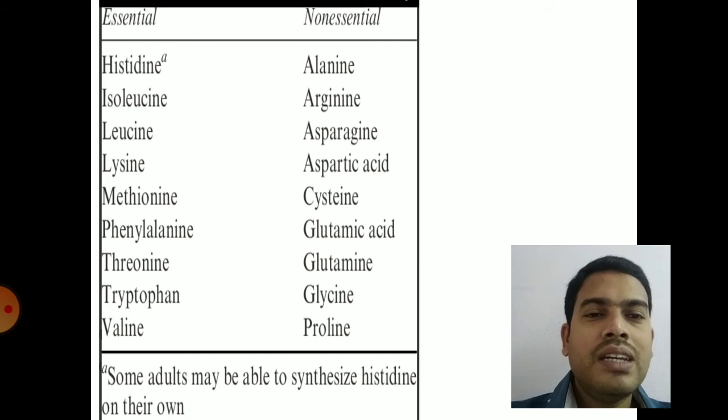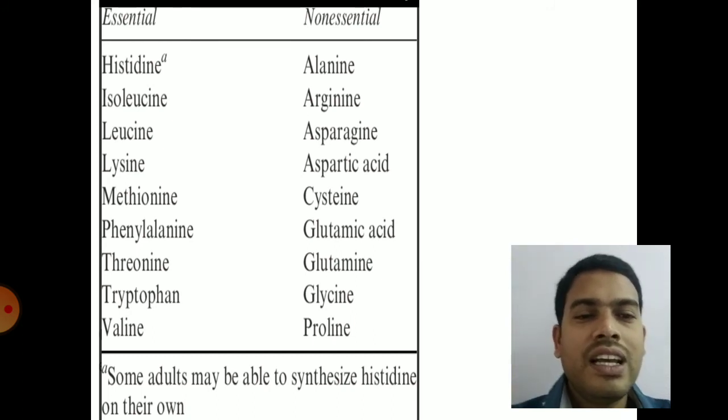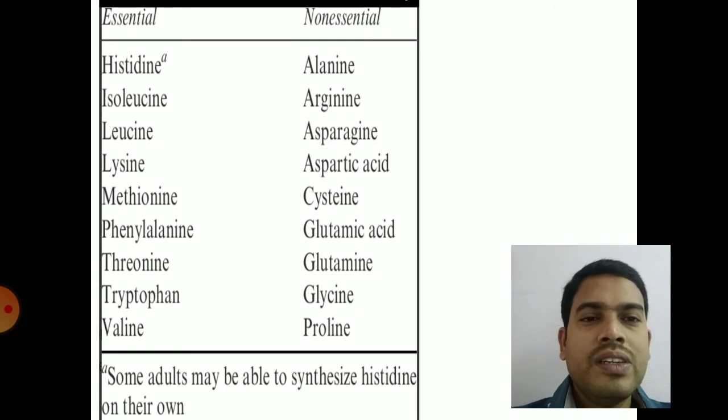And alanine, arginine, asparagine, aspartic acid, cysteine, glutamic acid, glutamine, glycine and proline are called non-essential amino acids. They can be synthesized from the essential amino acids by various steps. So those are called non-essential amino acids.